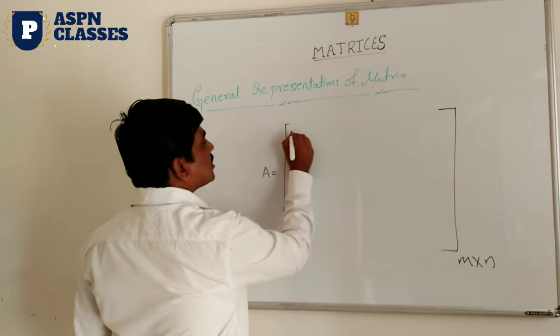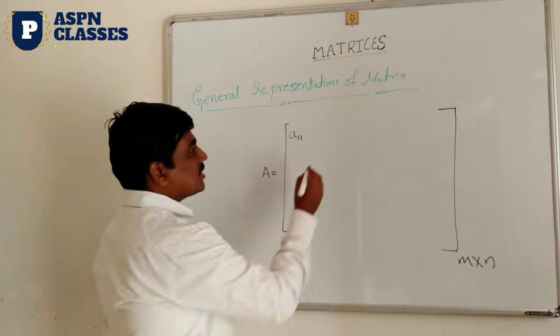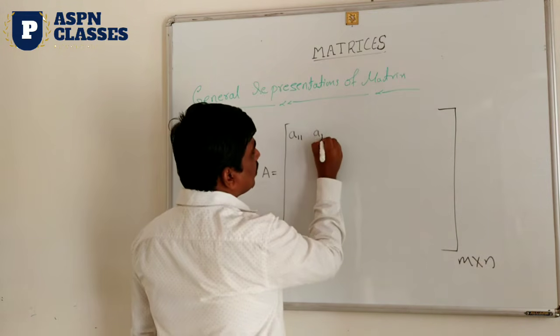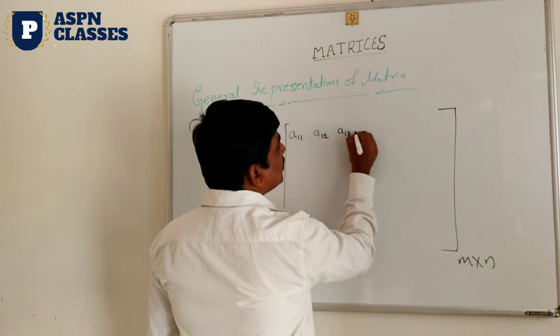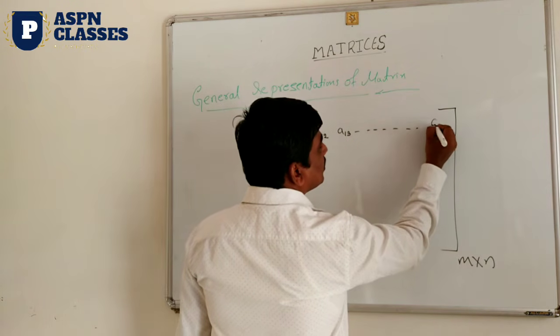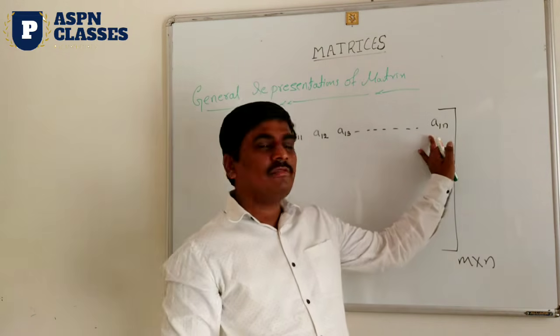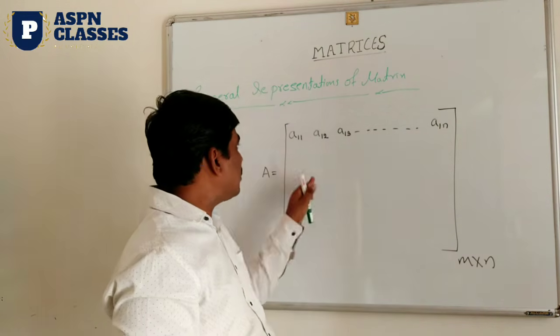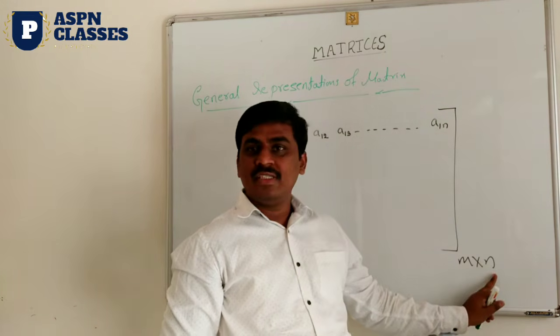First, A11, the first number. Next is A12, because this is the first row and second column. Next A13, and so on up to the last number, A1n, because this is completely the first row, and the last one is the nth column.